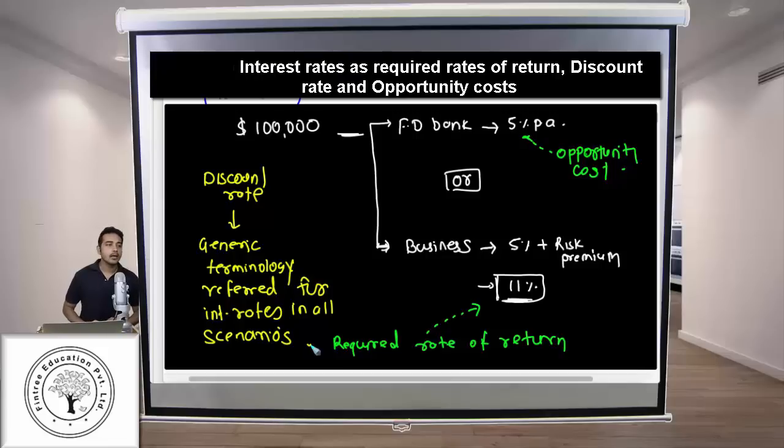Which means a discount rate is nothing but interest rate, and it's kind of a generic term. We would be using it in almost any possible scenario, so I would be using this term interchangeably. If I want to say opportunity cost, I might as well say discount rate. If I want to say required rate of return, I might as well say discount rate. It's a generic term. If you cannot read what I have written, you can ask me. I'm used to it.